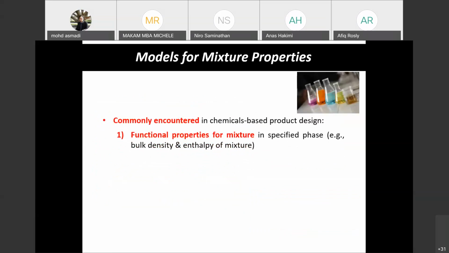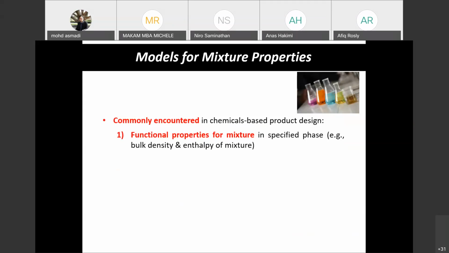Okay. So what we commonly encounter in chemical based product design is, of course, the functional properties of the mixture. For example, the bulk density or enthalpy of the mixture, and the excess properties of the mixture.